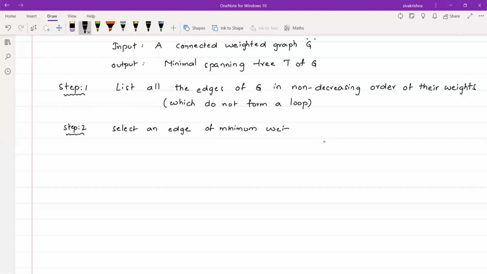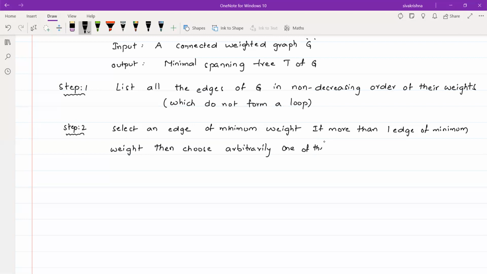If there is more than one edge of minimum weight, then choose arbitrarily one of them.